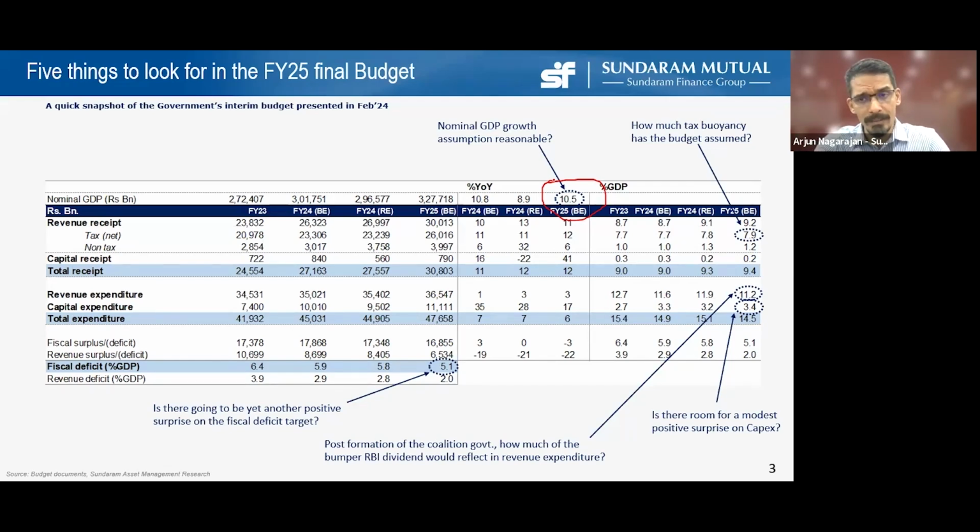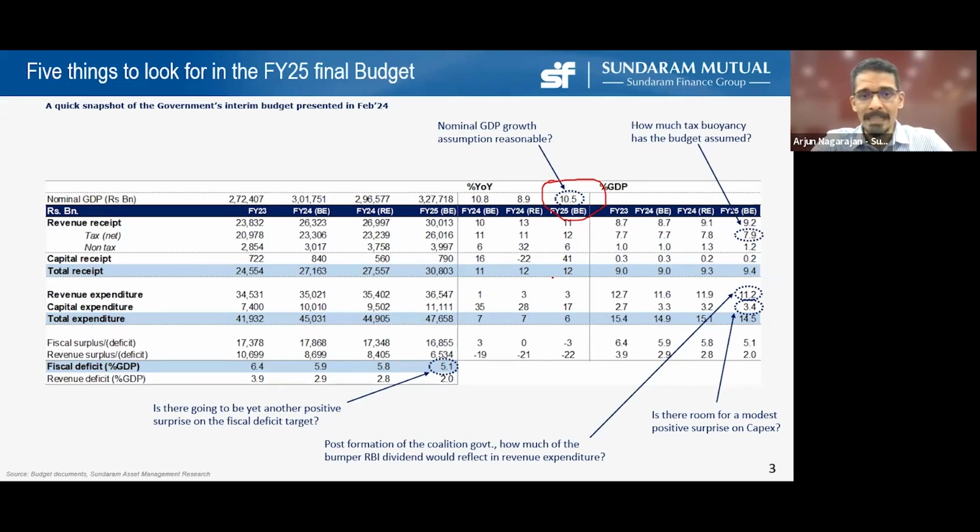But going forward, that normalization has already started happening, and WPI is now in positive territory. So if you see somewhere around a 10.5 to 11% nominal GDP number, that would be a more realistic number. So this is the first number you have to look out for. Is the nominal GDP number projected at around the same that it was projected at for the FY25 interim budget?